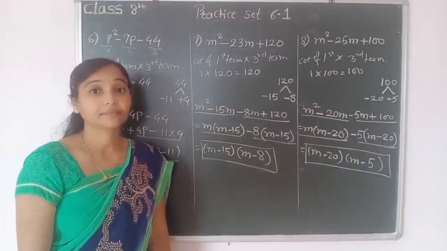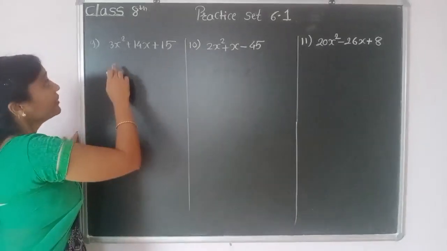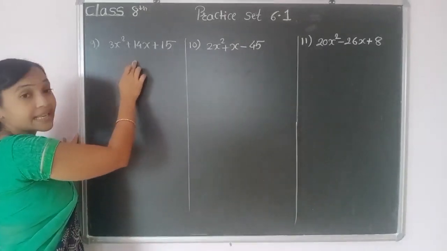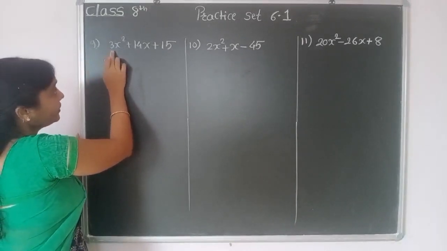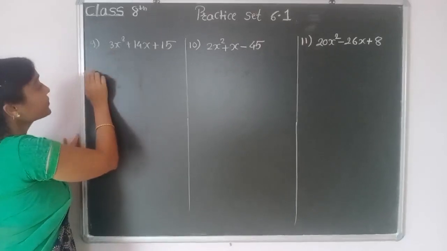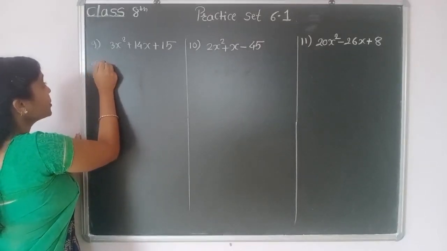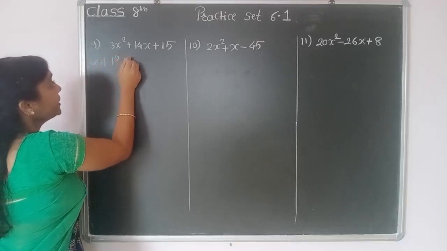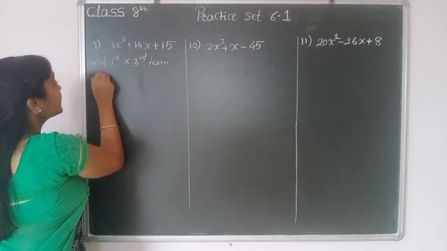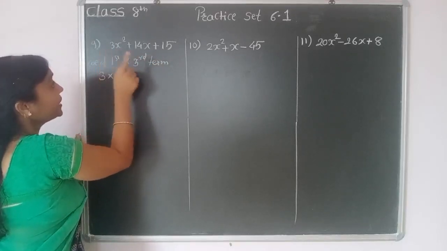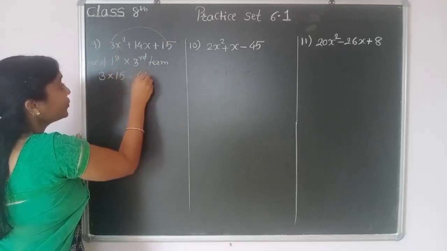Okay. Now we see the example number 9. Now in this example the first term coefficient is 3. So our first step is product of coefficient of first term into third term. First term is 3, coefficient is 3 into third term 15, then we get 45.